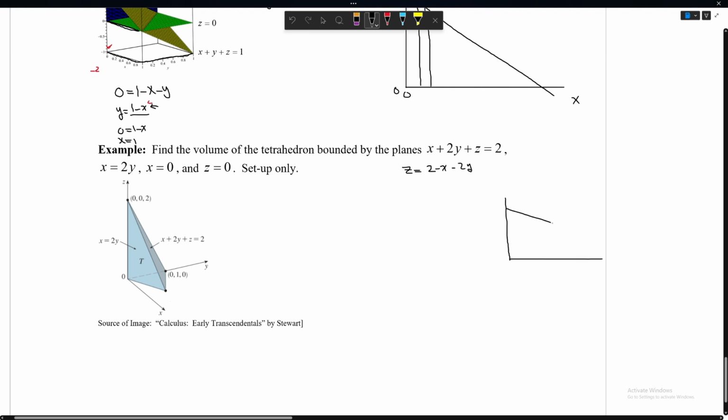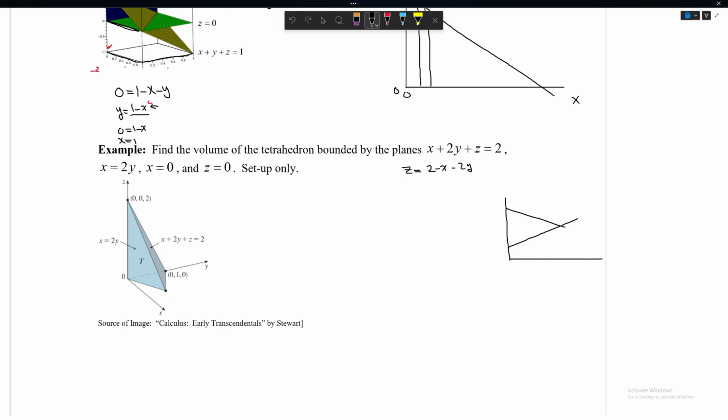It looks something like this. Actually, let me have a better drawing. There you go. We have our first function, and because this is positive, it's a line going upwards. So it must be this line. This is x equals 2y.